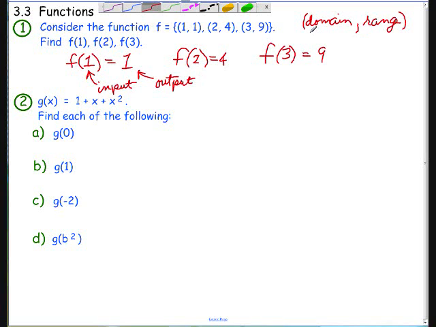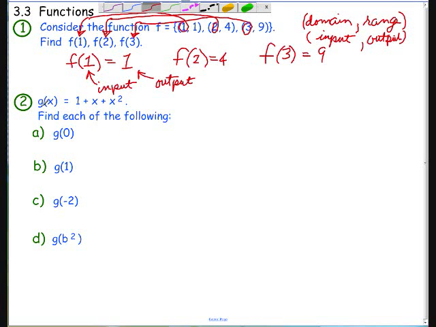Perhaps I should think about my point coordinates that way. This is input. This is output. And in functional notation, it's always the input that is in the parentheses. That's the input, which is coming from here, here, and here.